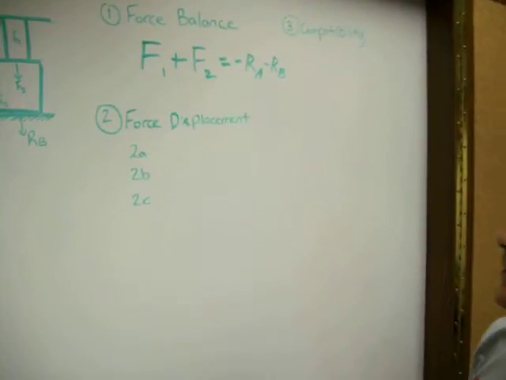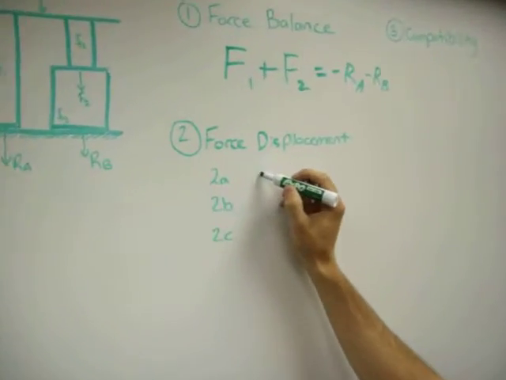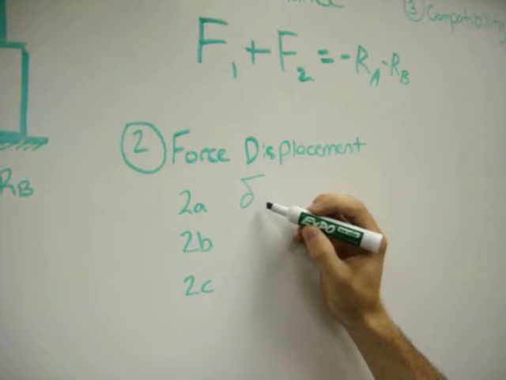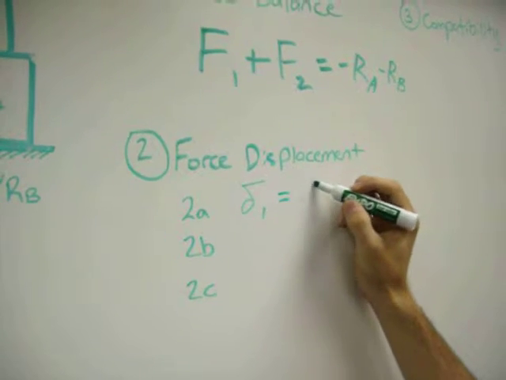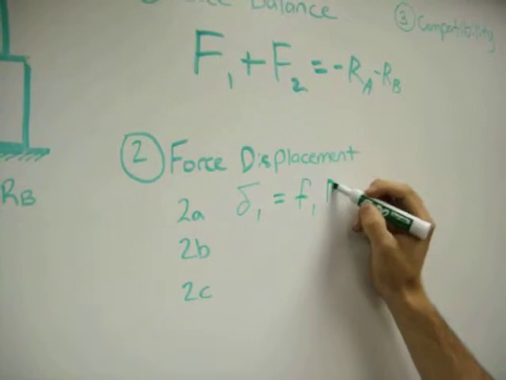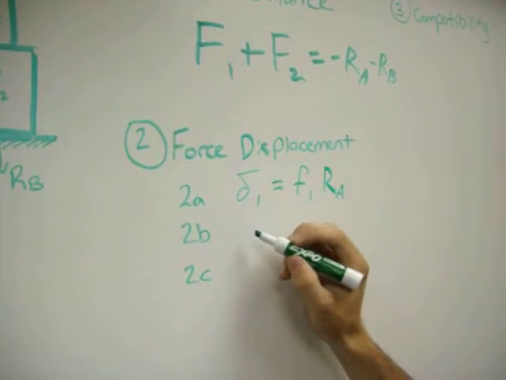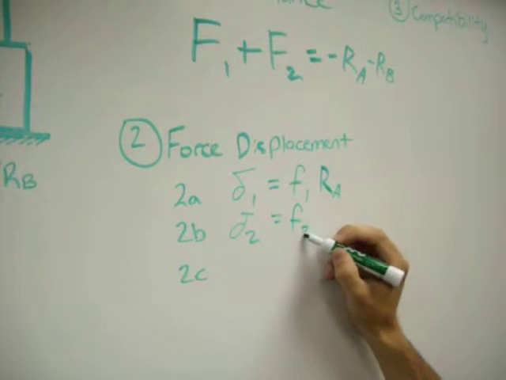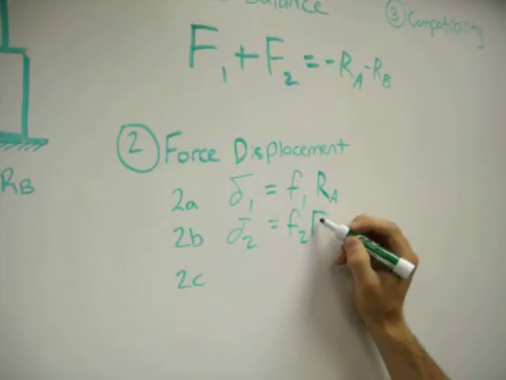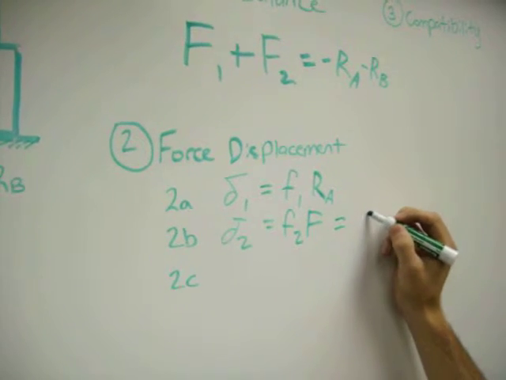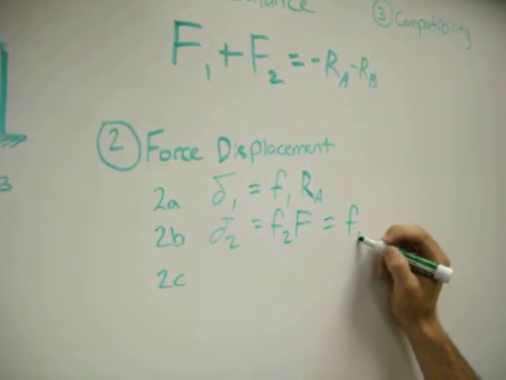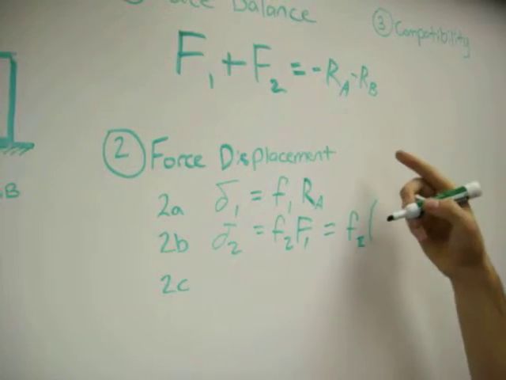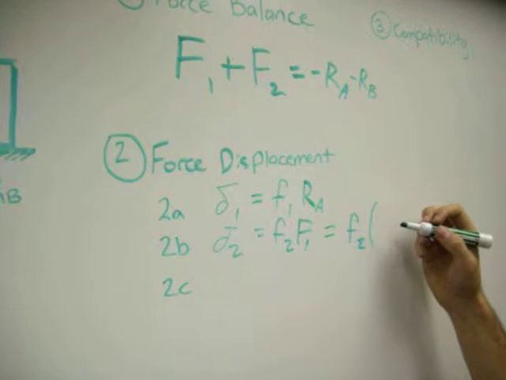Now we'll go on to the force displacement, which gives us the equations for delta. So delta 1 is equal to the flexibility times the reaction force A. Delta 2 is equal to the flexibility at portion 2 times the force of 1, which is then equal to the flexibility at 1, flexibility 2, and that's from the force balance equations.